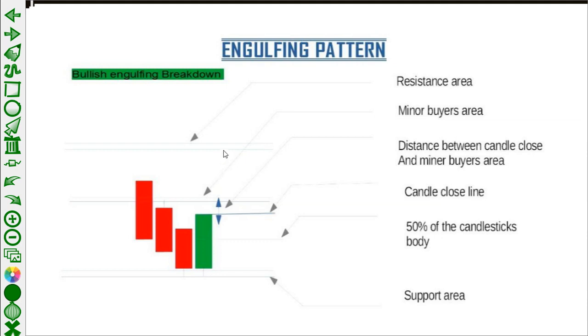After confirming that we are on the buyer's side, we are hunting for only bullish engulfing patterns. And the bullish engulfing pattern is considered a valid pattern when it meets the following conditions. In this image, you are seeing case 1 of the bullish engulfing pattern.